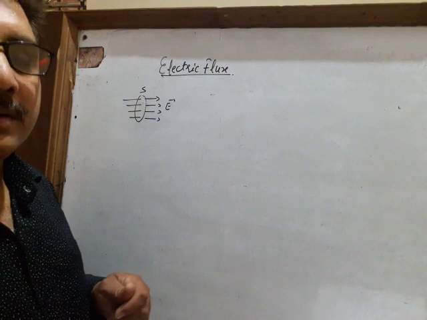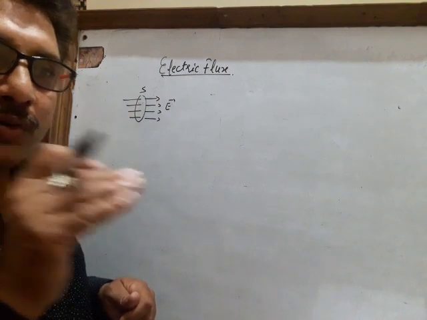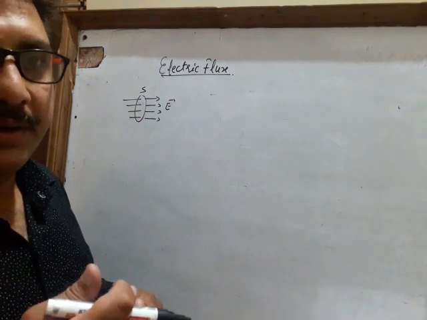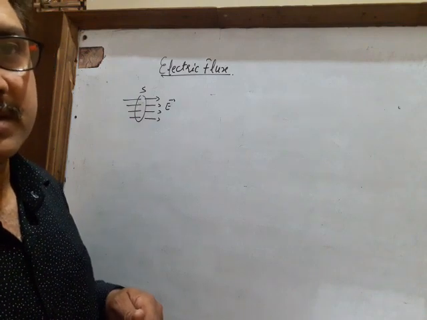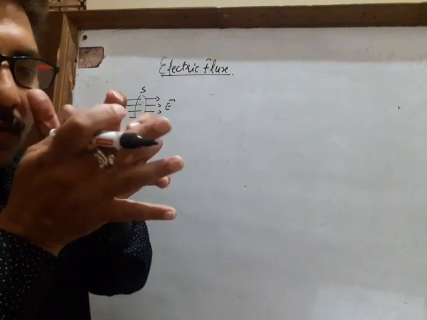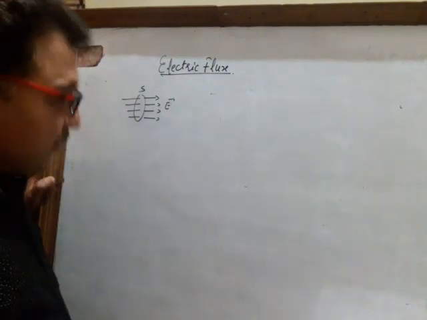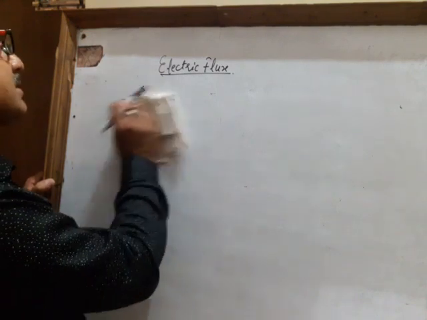Students, once again, the total number of electric lines of force which are passing through unit area held in an electric field, that is known as electric flux. So this is what we call electric flux.